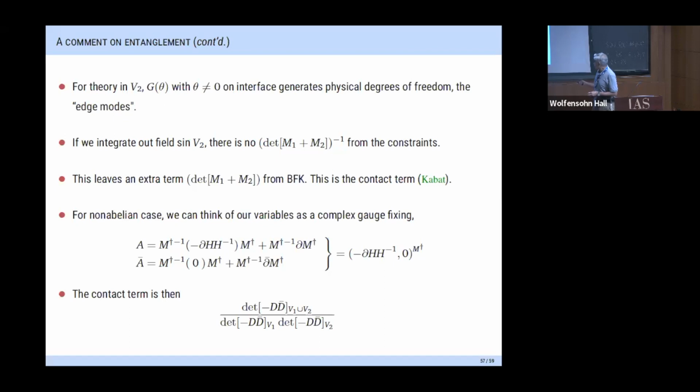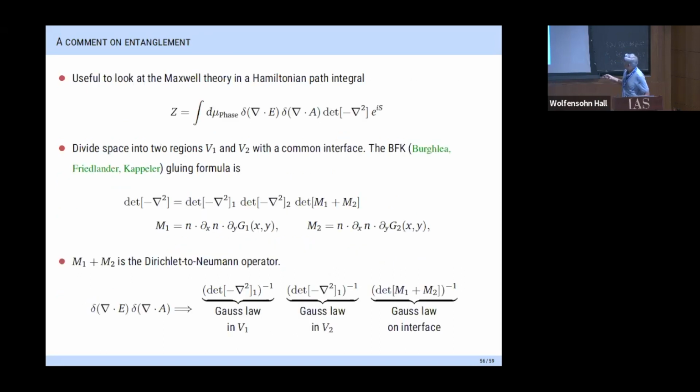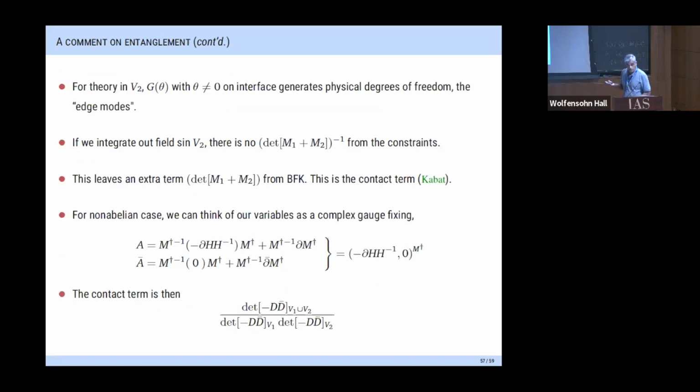So there is a discrepancy here because, as I showed you from the BFK formula, if I divide this by the separate regions, I have this leftover. Okay, so that is the leftover piece which would serve as the extra contribution to the entanglement in the problem. Okay, does that answer your question? Yeah. Okay.